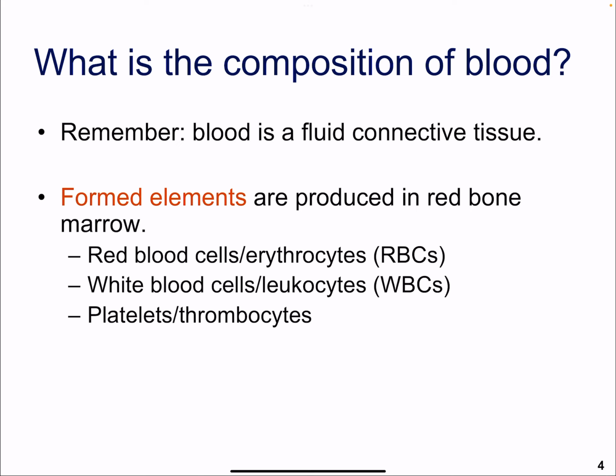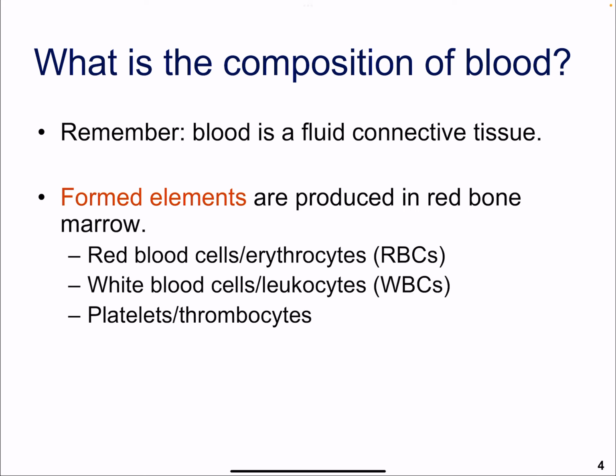Now, what is the composition of the blood? I want you to remember that the blood is made up of two major components. You have the cellular components and the non-cellular components, right? Now, overall, know that the blood is a type of fluid connective tissue.